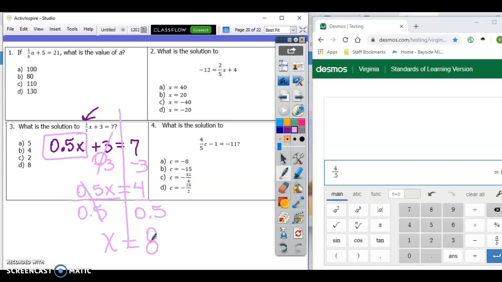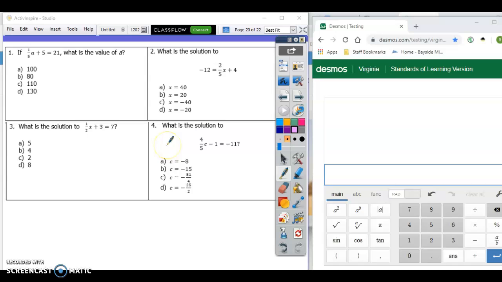So I want to check that. I think x equals 8. And then the math problem said 1/2 x plus 3. And the answer should have been 7 right here. And we got 7. So that means we got the right answer.